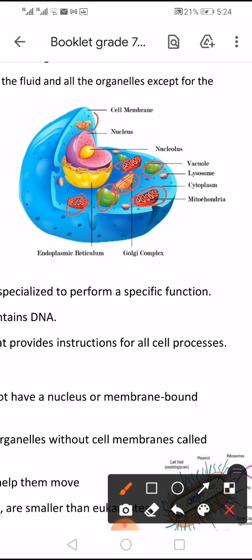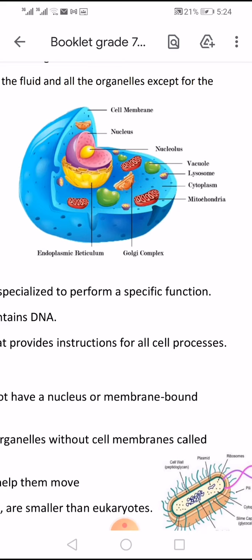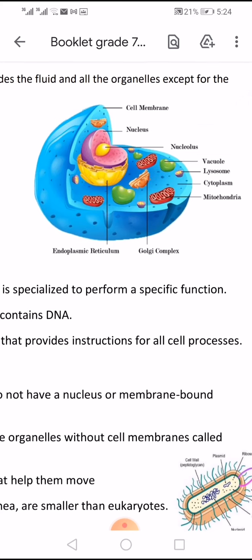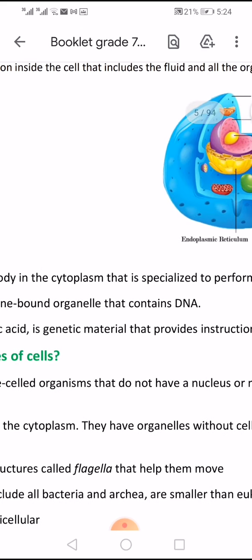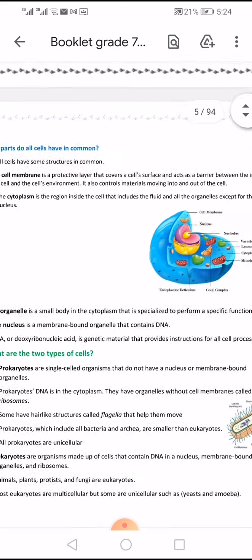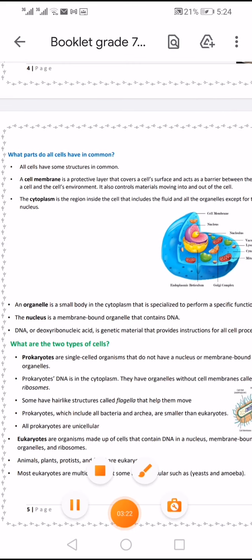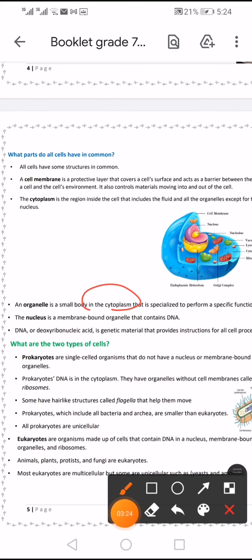It's a small body inside the cell that has a specific function. Each organelle has a specific function. Look, the red one is an organelle.